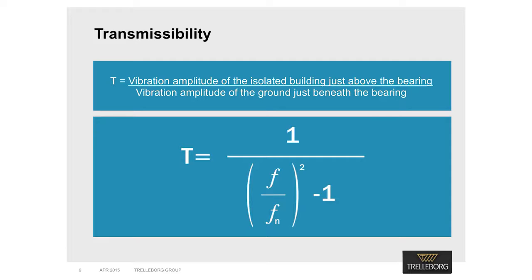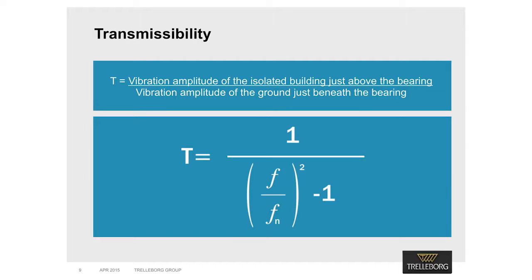For a perfectly linear elastic spring without any damping, the expression for T is this, where F is the lowest dominant disturbing frequency of the ground-borne vibration and Fn is the natural frequency of the bearing. Due to the damping inherent within all elastomeric materials, the expression for transmissibility is modified to take account of damping.